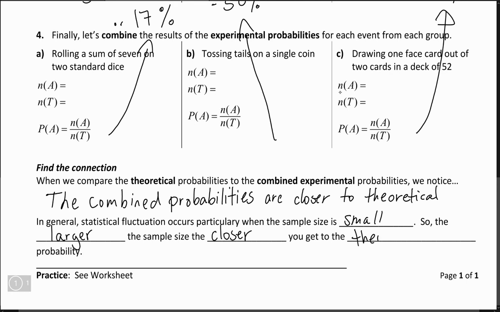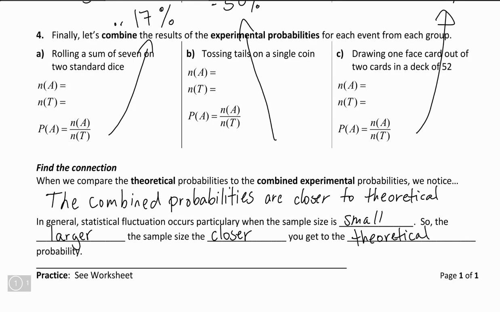Meaning if you perform the coin toss 1,000 times, 10,000 times, 100,000 times, you're more likely to get closer to the 50% theoretical probability the more experimental trials you perform. Okay, and so that finishes the first part.